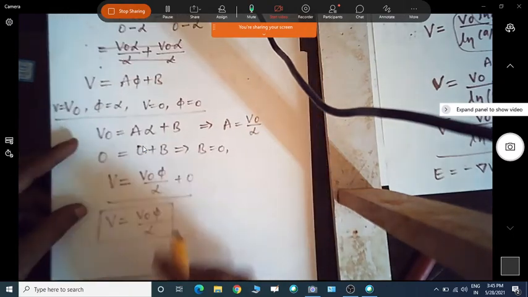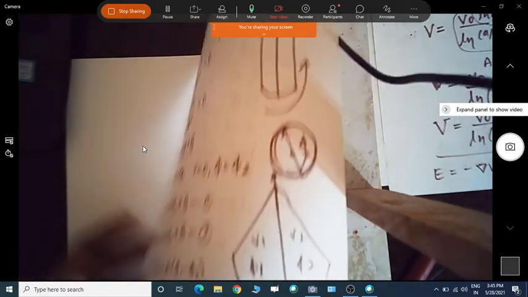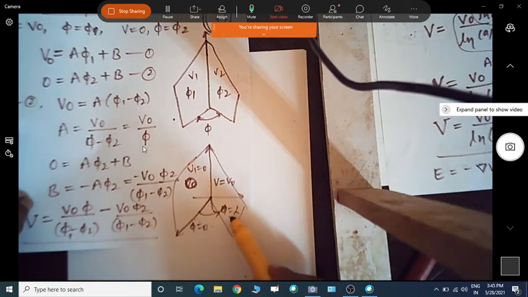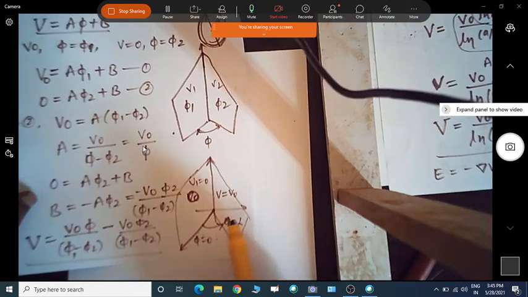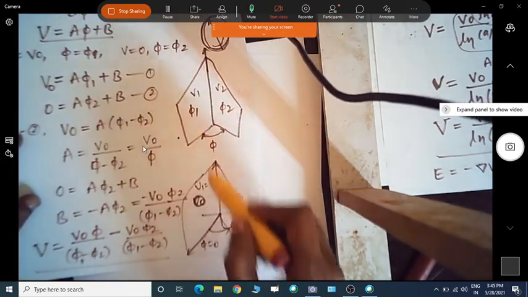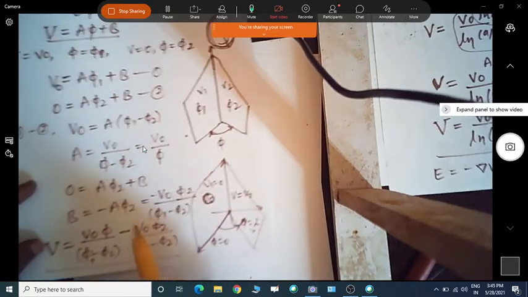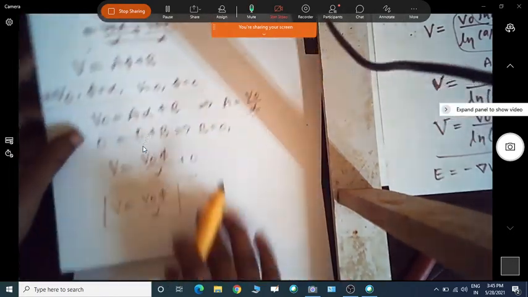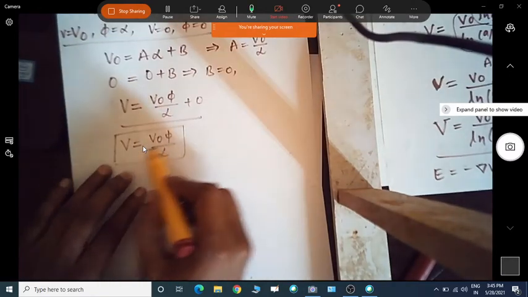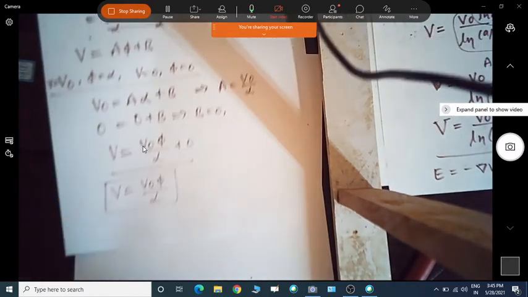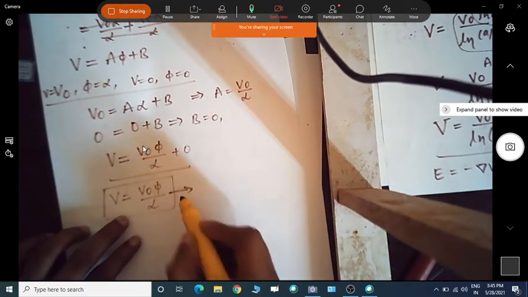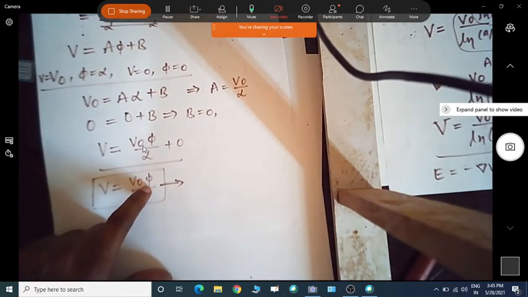We can take the two different values of phi, that is phi equal to 0 and phi equal to alpha. Even if we substitute phi 1, phi 2, the same thing should come. So somewhere we have not properly done here. So this is the equation we have done, that is v equal to v naught phi by alpha. So this is the equation where we get the potential function with respect to phi.